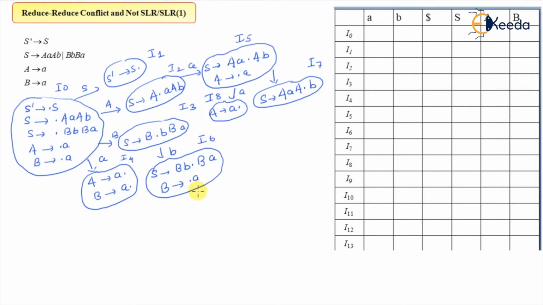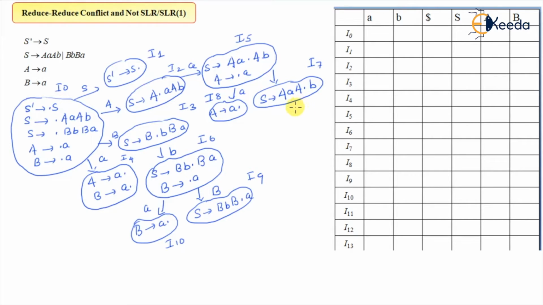On input capital B, this will become S derives b B dot a, and that is your I9 state. On input small a, this will become B derives a dot, and this is your I10 state.